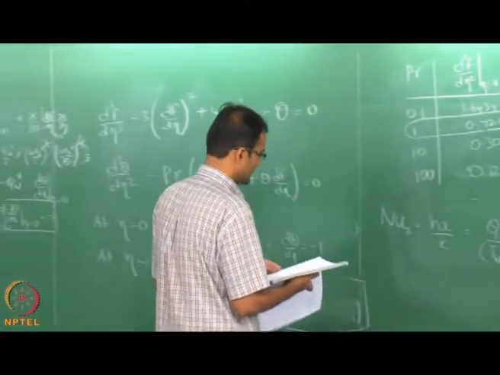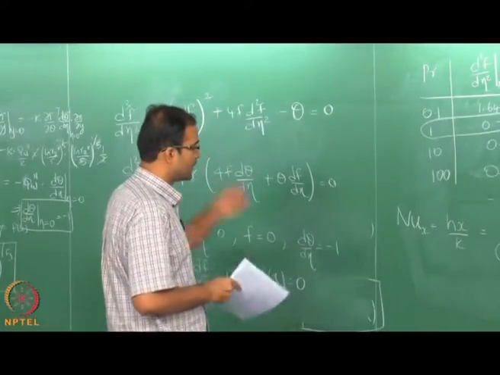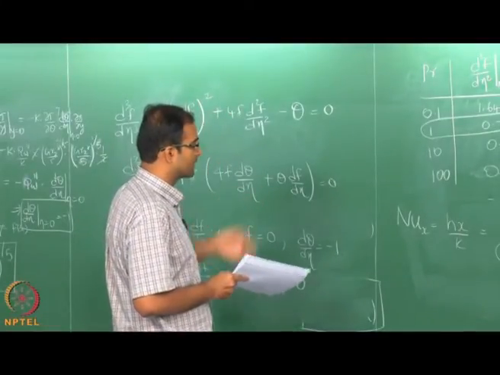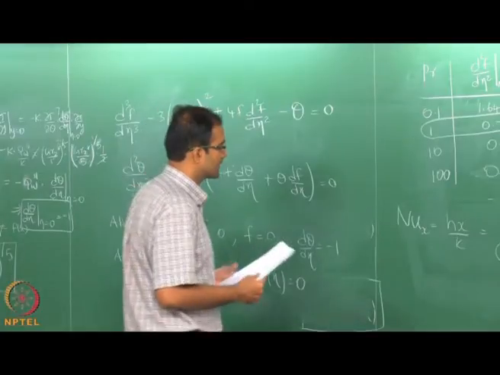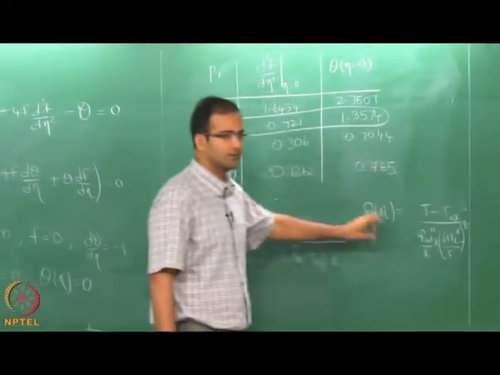So, from this substitute for T wall minus T infinity, that is nothing but theta at eta equal to 0.